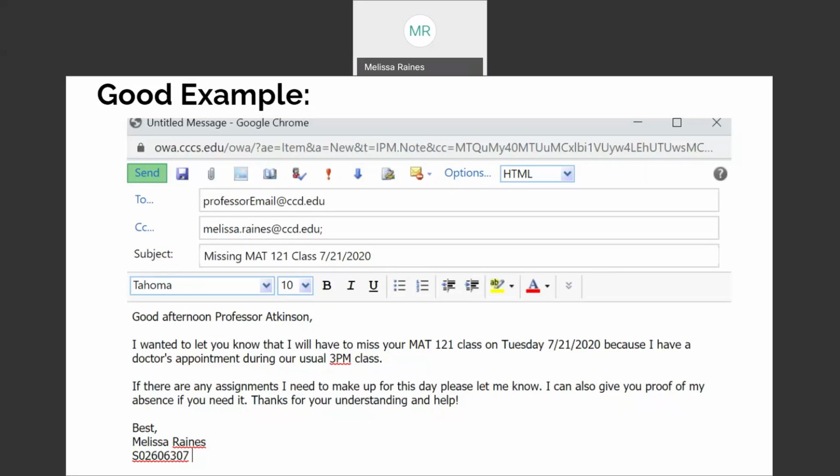You want to make sure when you're documenting that you're going to miss a class, you have a valid reason, and you're seeing what your professor needs from you to make sure that it's okay. And it's good to say thank you and thanks for understanding and their help. It just shows that you're appreciating that they are helping you out because you are missing one of their classes.